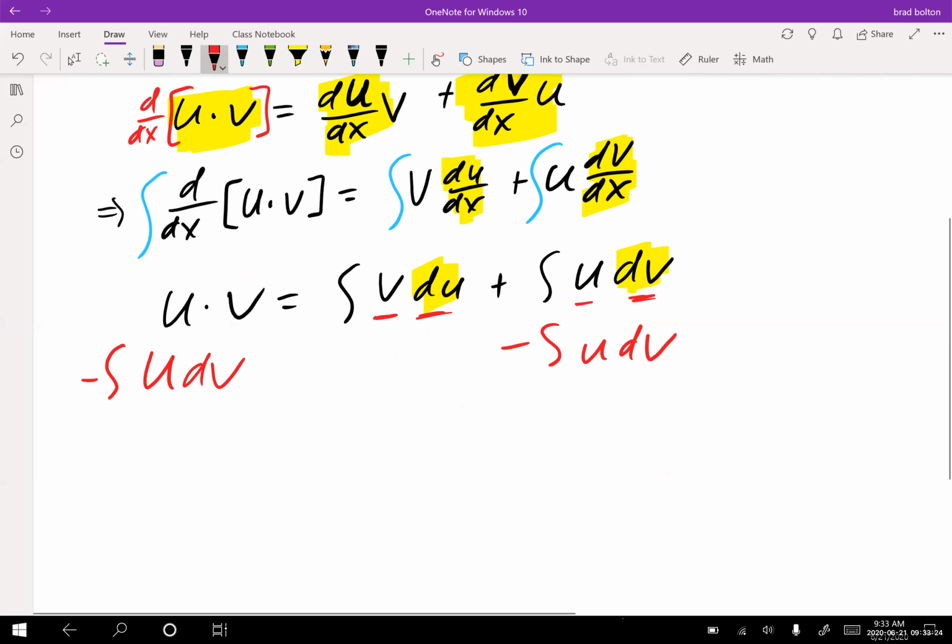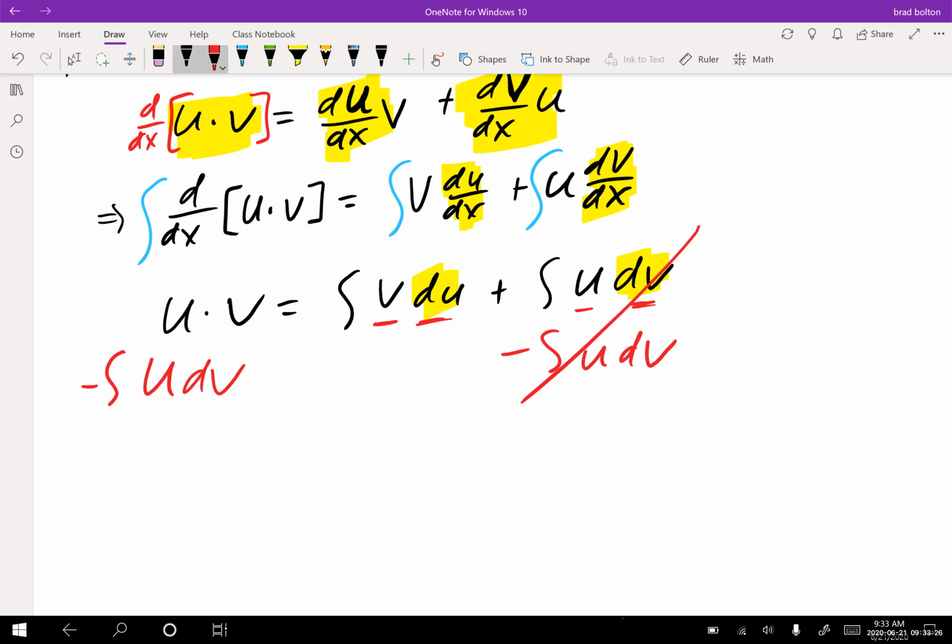So now this cancels, and now I'm left with u dv equals negative integral u dv plus u times v equals the integral of v du.